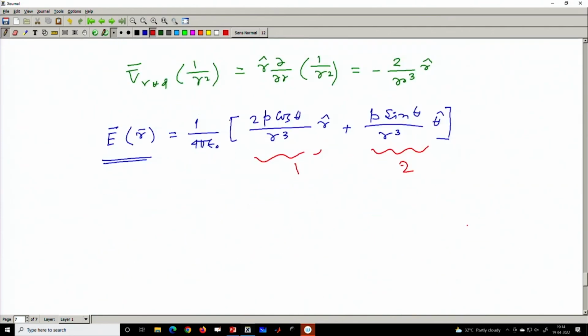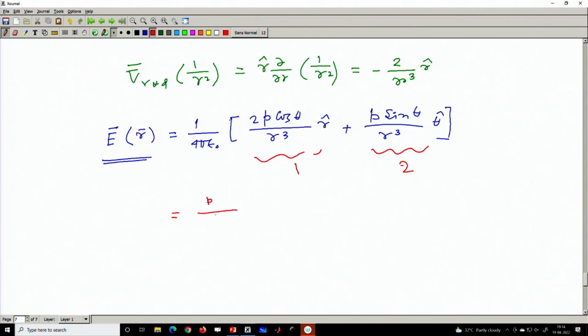Yeah, it is fine. So now I can simplify a bit because r cube is sitting here. P is also there, so I can take p outside.